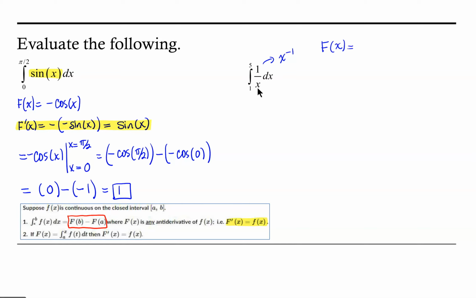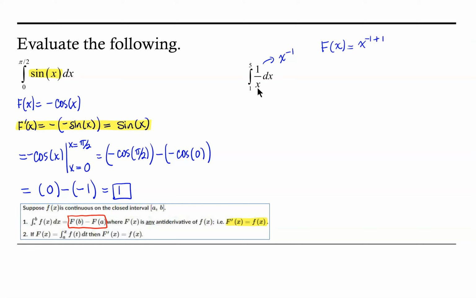But if I try to do that, so if I got x to the negative 1 from taking a derivative, that means I subtracted 1 from the exponent. So therefore, I must add 1 to the exponent. So my exponent would look like negative 1 plus 1. And my exponent would become 0.